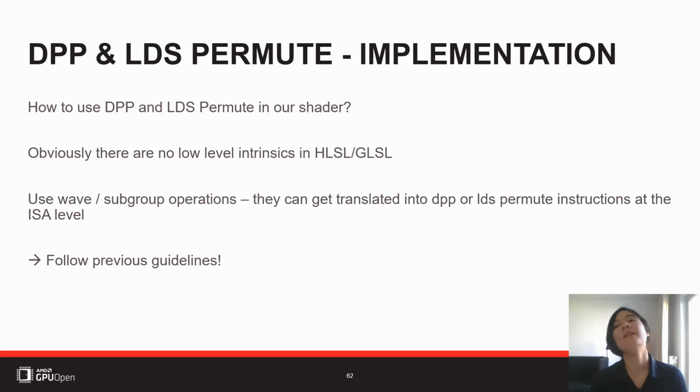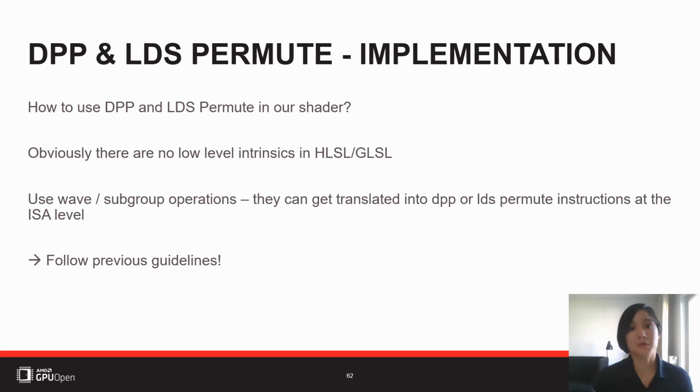So now I was always talking about you should use DPP, you can use DPP, you can use LDSP mode and so on, but obviously on the high level shading language, so HLSL or GLSL, there is no DPP or LDSP mode instruction, right? So how to do this?